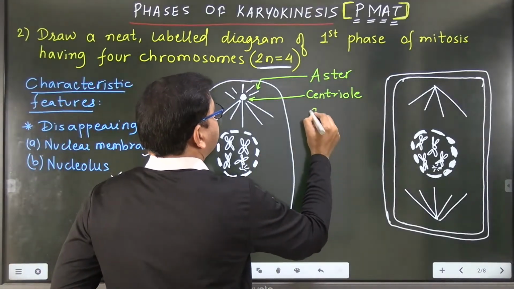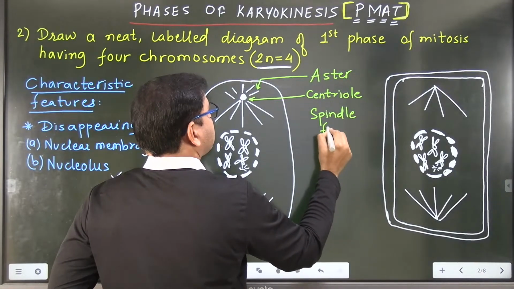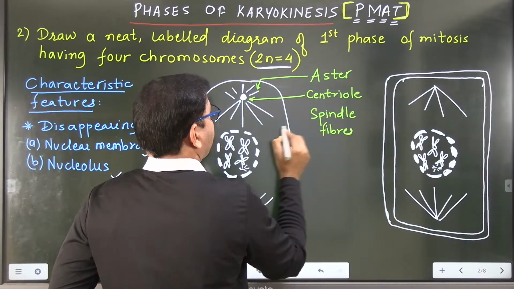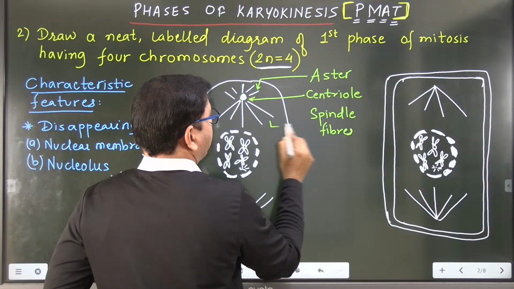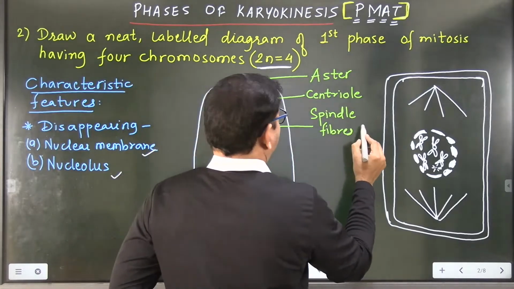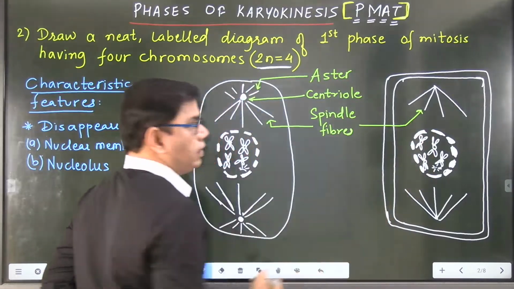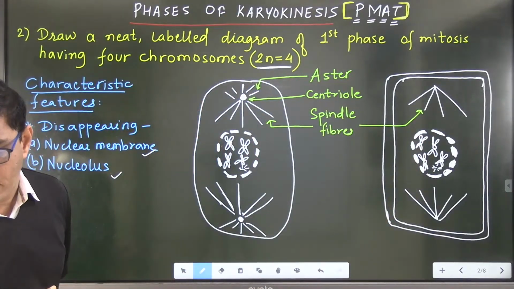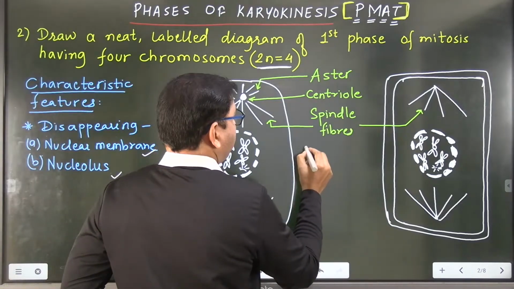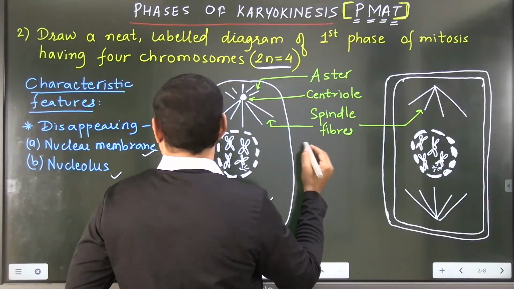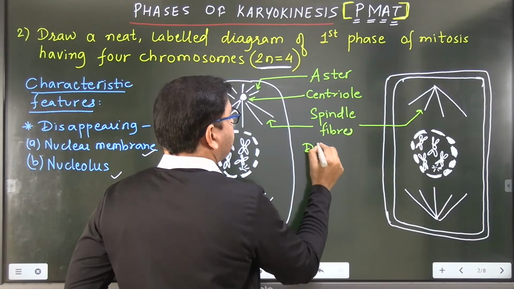Then a common part, that is spindle fibers. It is present both in plant cell and animal cell. Arrow will be towards the part, right? Then please don't write only disappearing nuclear membrane, write it complete, okay?